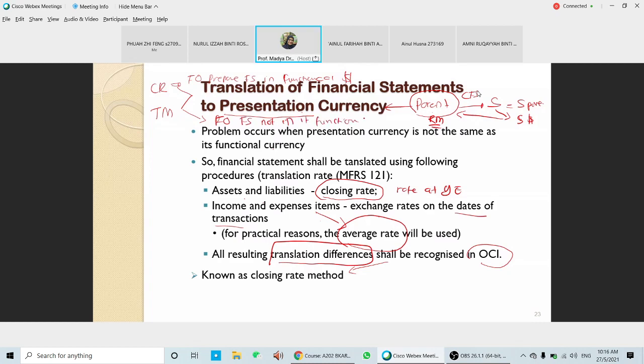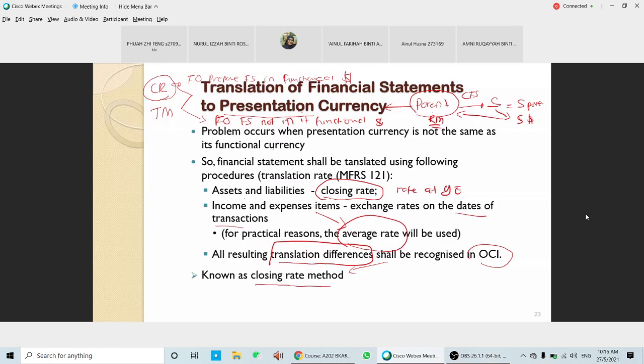Okay, so most of the time we are using the closing rate method because most of the time the foreign operation is going to prepare its financial statements using its functional currency. So this method is known as the closing rate method.